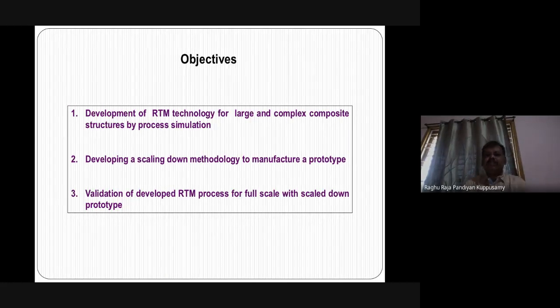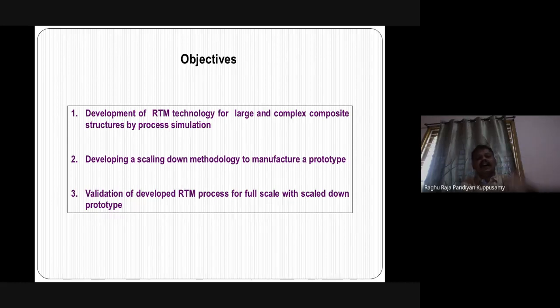So the objective of this presentation is to tell you how to develop an RTM technology for large and complex composite structures using process simulation. I have developed a process simulation for a large and complex structure, but how can I validate it experimentally? Because I cannot manufacture the bigger one at one instant itself.